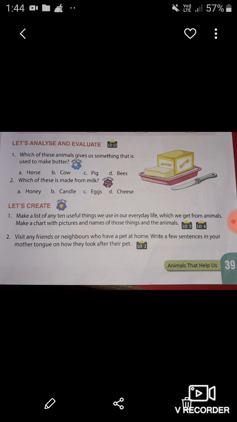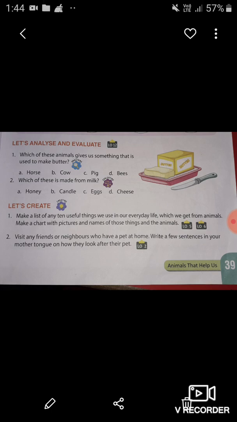Now let's create. Make a list of any 10 useful things we use in our daily life which we get from animals. Make a chart with pictures and names of those things and the animals.